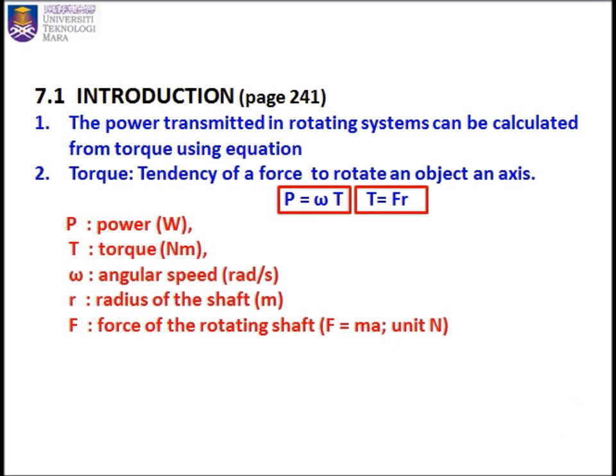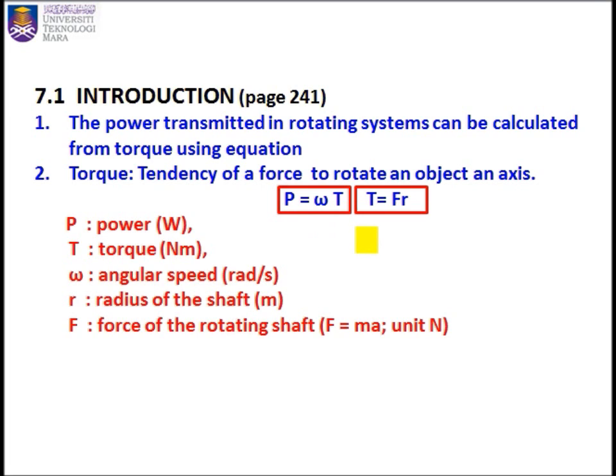Next, what is torque? Torque is the tendency of a force to rotate an object about an axis. From torque we can obtain the equation for power, which is power equals angular speed, omega, times torque.